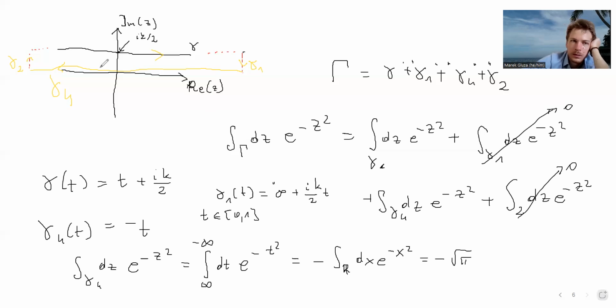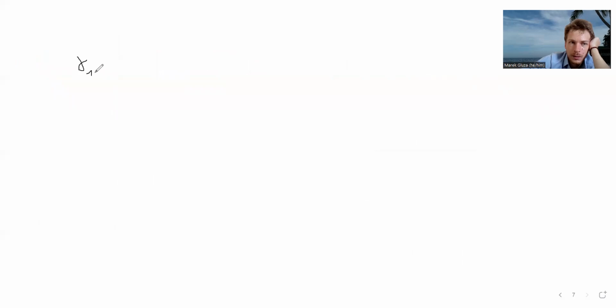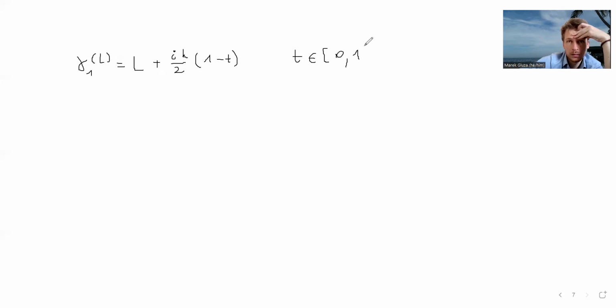So let me do this more carefully. I can define gamma 1 parameterized at some position L. Let me write this one at position L. So I would be writing that I have a constant alpha plus ik/2 times (1 minus t), and t goes from 0 to 1.